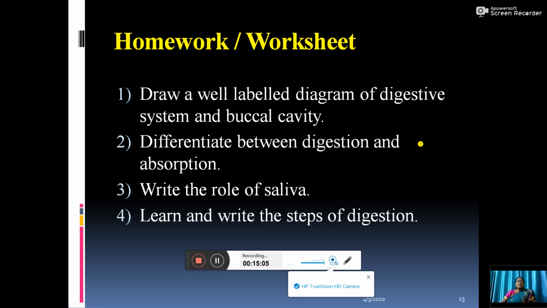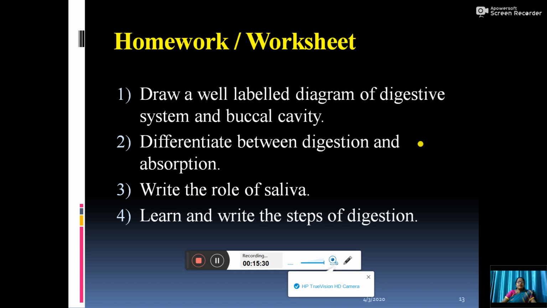Before that, at last, I want to give you some homework or worksheet that is a must in this chapter. First question: draw a well labeled diagram of the digestive system and buccal cavity.